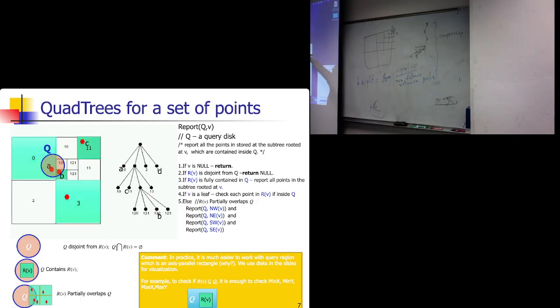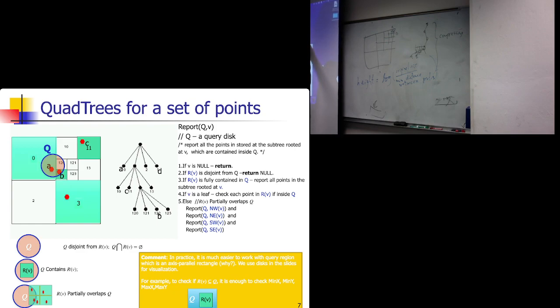Otherwise, I'm checking if R of V for the node V is completely disjoint from the query region. Here is my query region, somewhere on the East Coast. Here is where I live on the West Coast. I'm completely disjoint. My city, or the tree, or a node V inside it, is completely disjoint from the query disk.